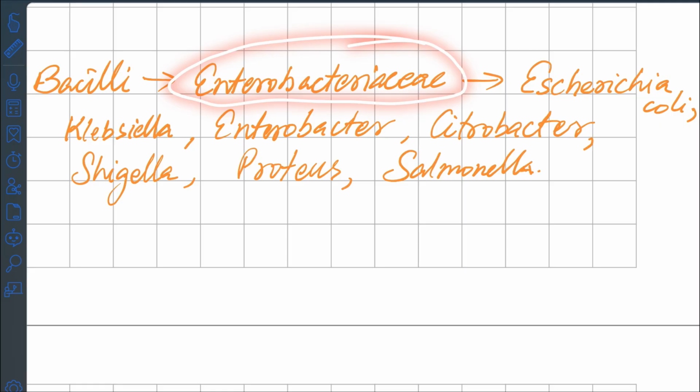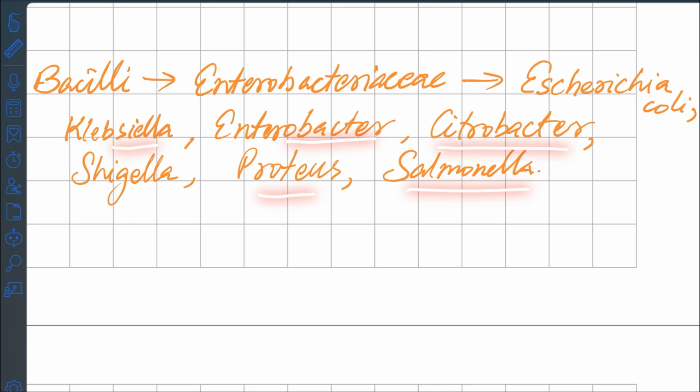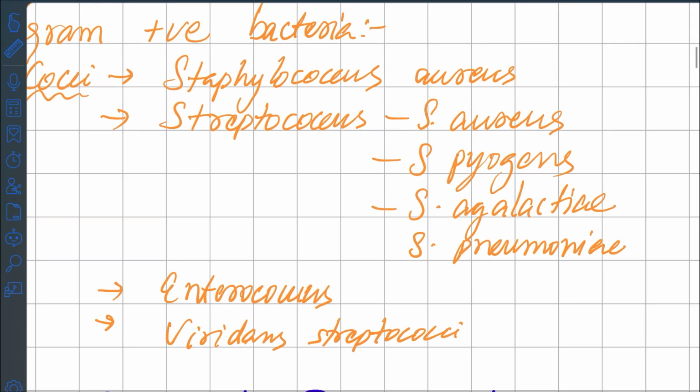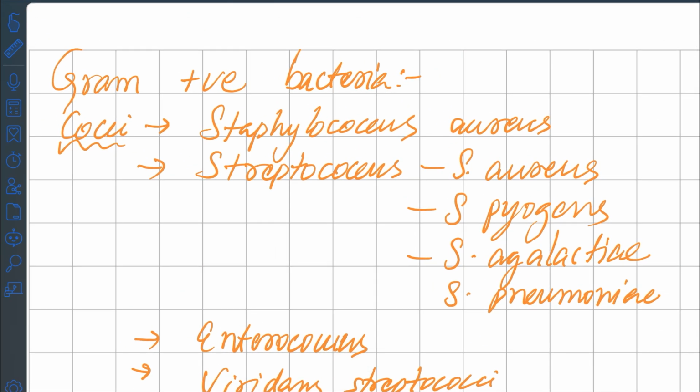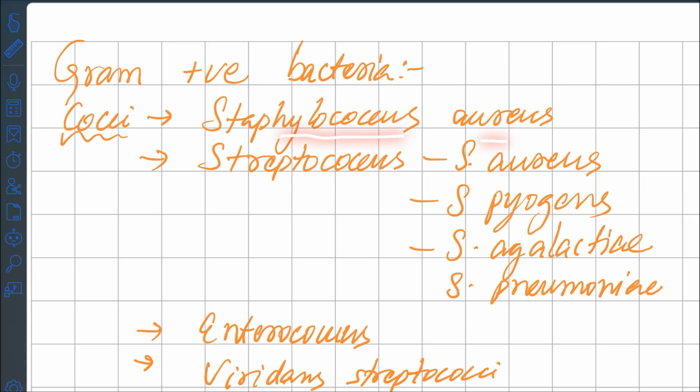is Enterobacteriaceae, which includes E. coli or Escherichia coli, Klebsiella, Enterobacter, Citrobacter, Salmonella, Proteus, and Shigella. These are all gram negative bacilli. Coming to gram positive cocci: Staphylococcus aureus, species of Streptococcus like Streptococcus pyogenes, agalactiae, pneumoniae, and other than that, Enterococcus and viridans streptococci.